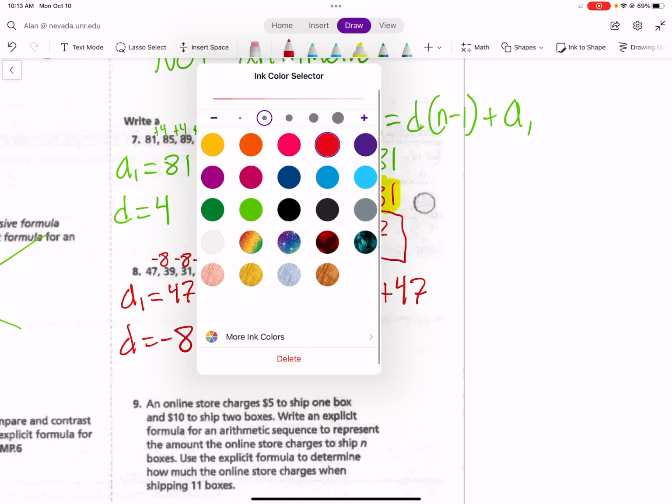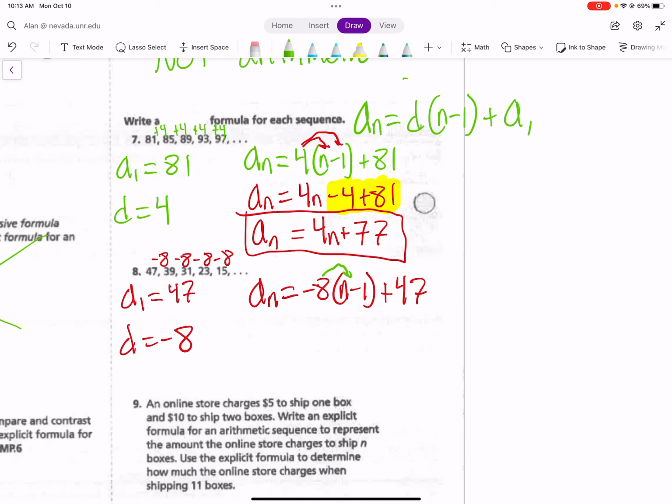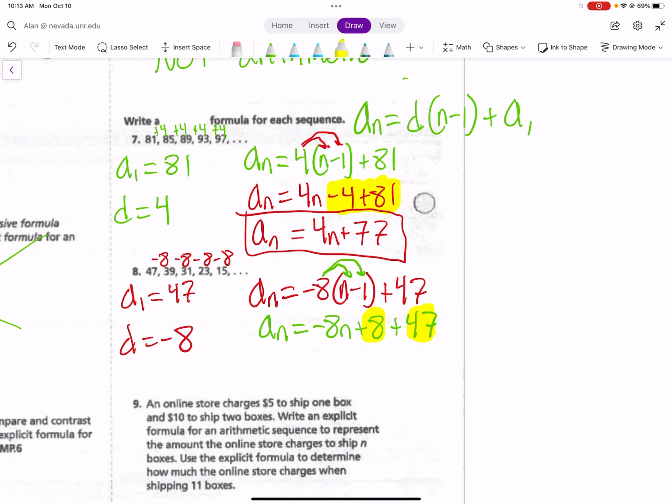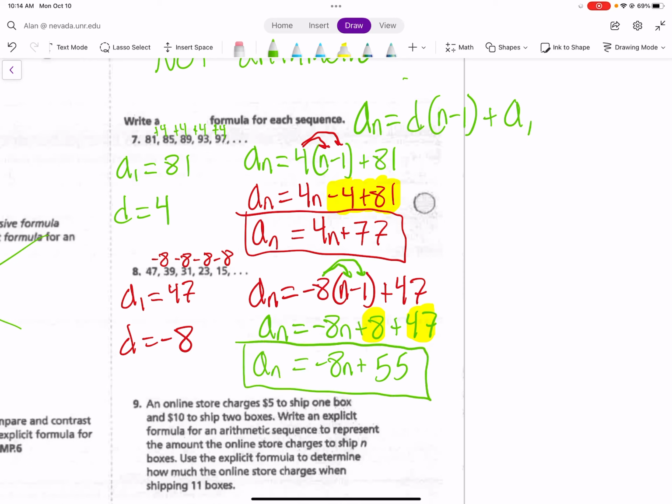And to simplify this formula, we distribute that -8. So we get -8 times n is -8n. -8 times a -1 is a +8. And we attach that 47. Here we can combine like terms. We have a +8 and a +47 that are constants that we can combine. That will give us 55. So we have negative 8n plus 55 is our formula that represents this sequence.